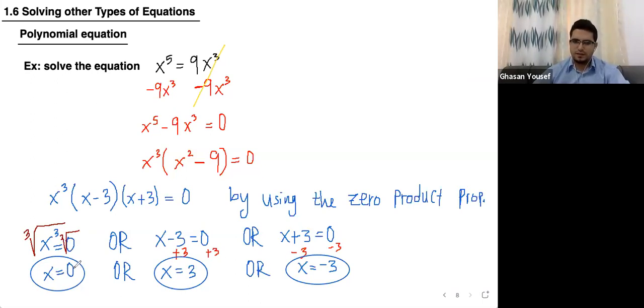Make sense? Just take the cube root for both sides, and this cancels out the power with the root. You get x. Take again the third root of 0, and it gives me 0.